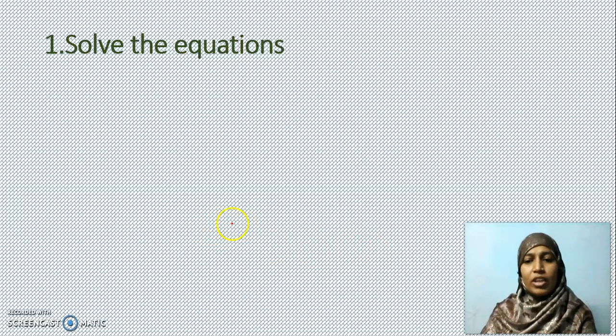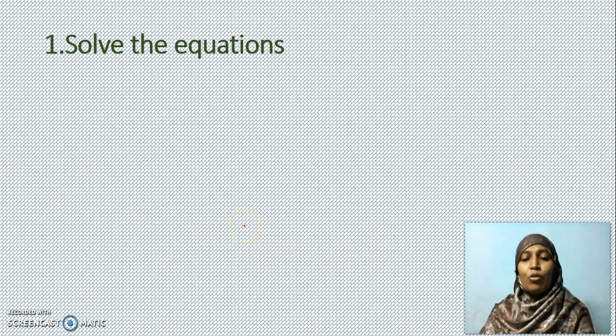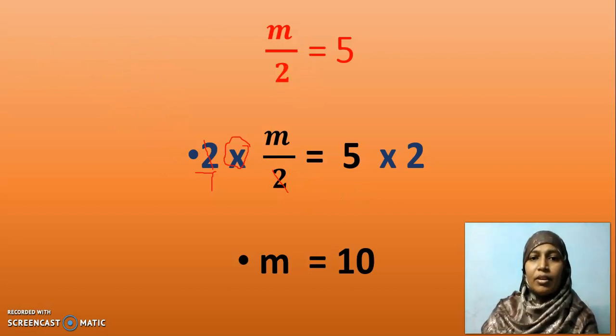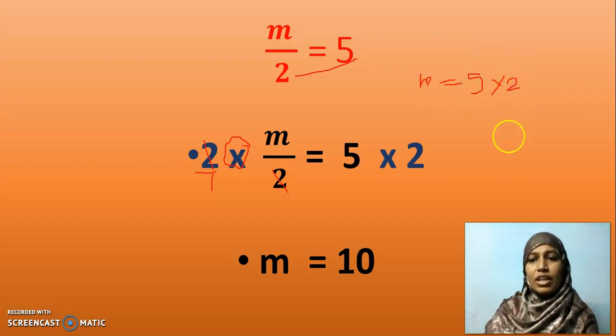Now let us solve the equation. Now I am going to make it a simple method for you. See here, if I have m by 2 is equal to 5, I can easily say that this 2 gets transferred to this side in multiplication. 5 into 2, easily we will get the answer. 5 2s are 10.